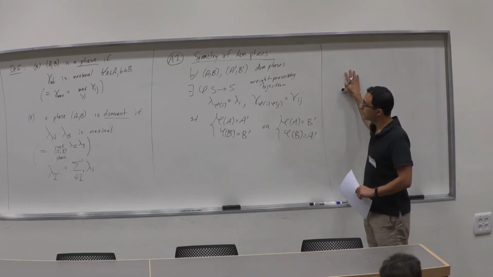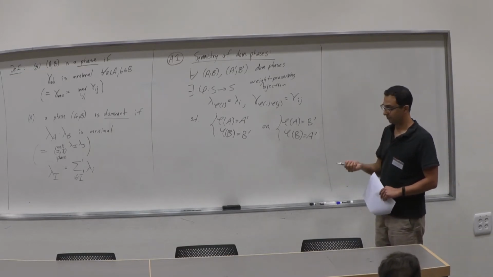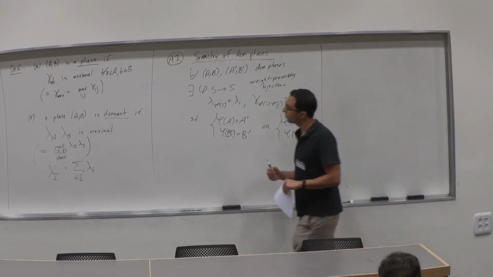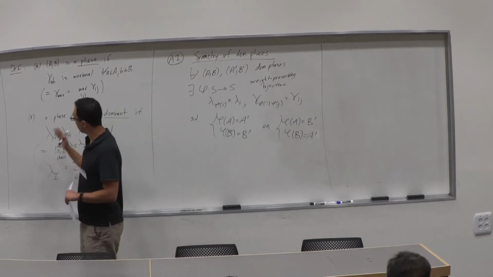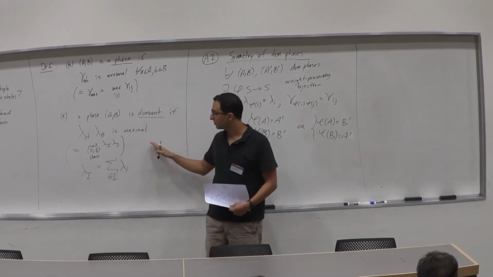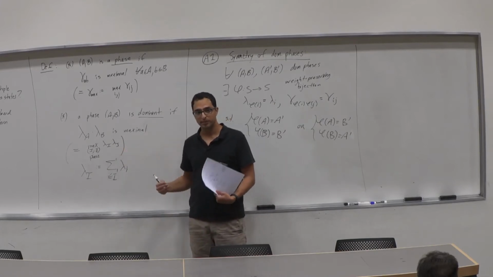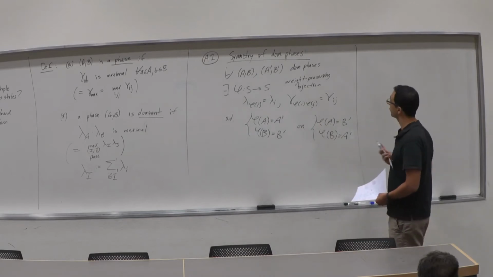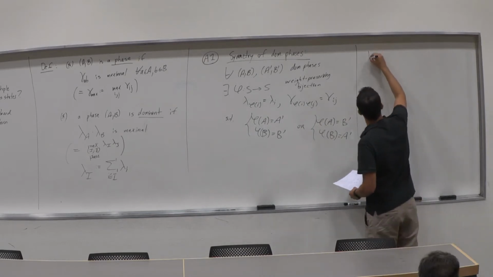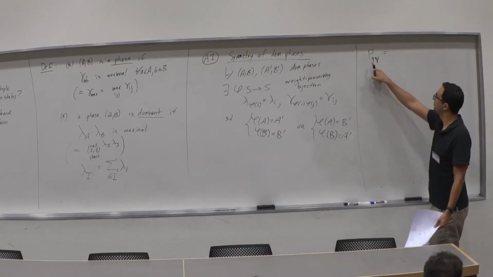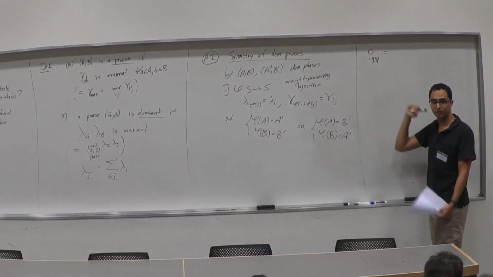So now I want to quantify how low the temperature should be in some sense. Or in different words, how dominant are these dominant phases? I just defined that a phase is dominant if it maximizes this quantity, but it should be very dominant, or sufficiently dominant, in order to have long-range order. So for this I'll need a few quantities. Let me denote by P gap, P for phase, the gap in the phases.